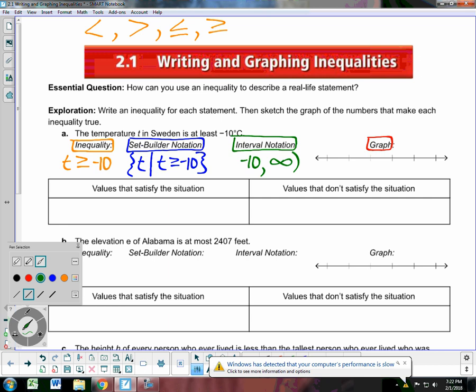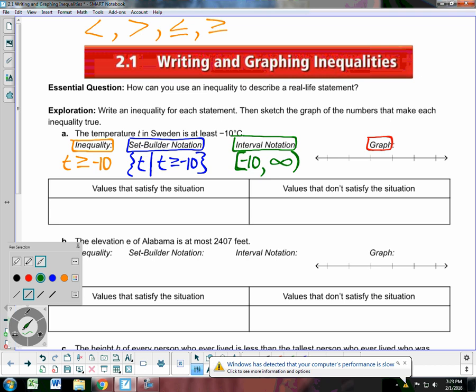Now, since it's greater than or equal to, we can be equal to negative 10, and the way we represent that in interval notation is with a square bracket. So it's got right angles there. So we go square bracket, negative 10, comma, infinity, parenthesis. The parenthesis means you cannot land on that number, and since infinity is not a number but more of an idea, we use parenthesis.